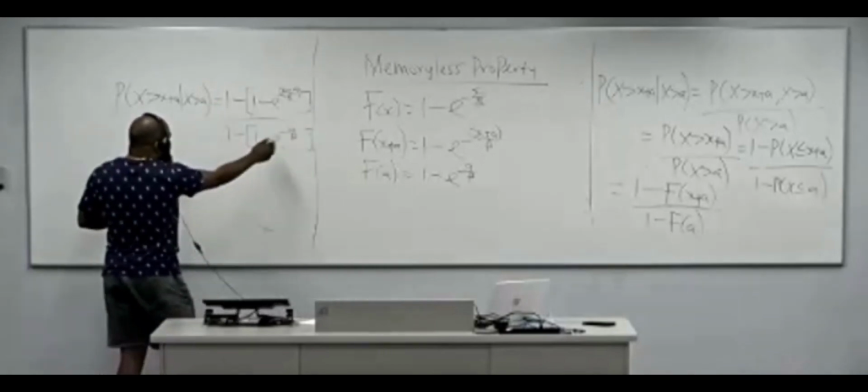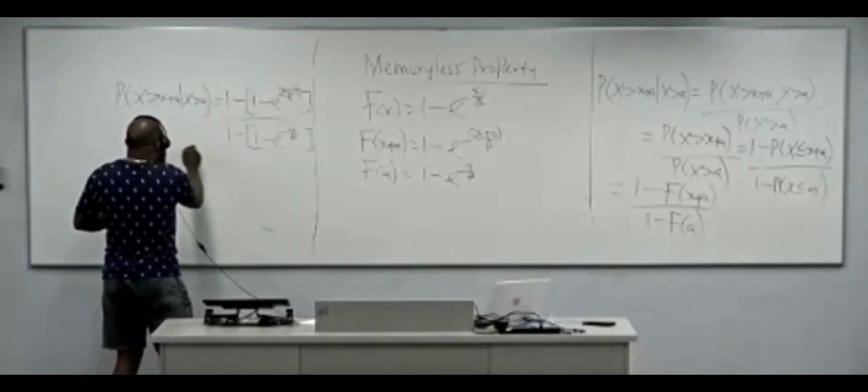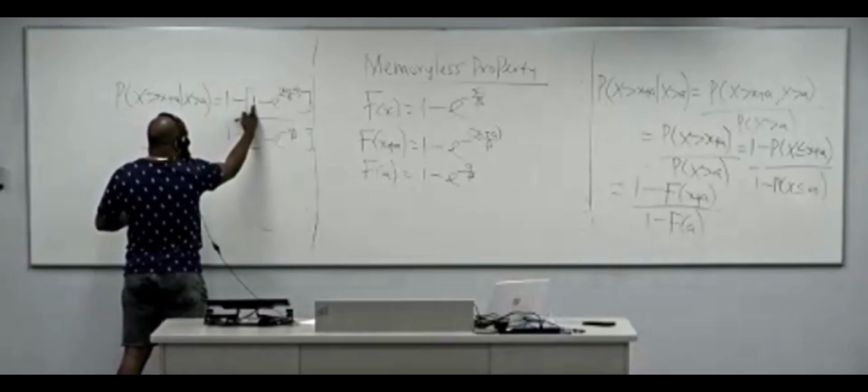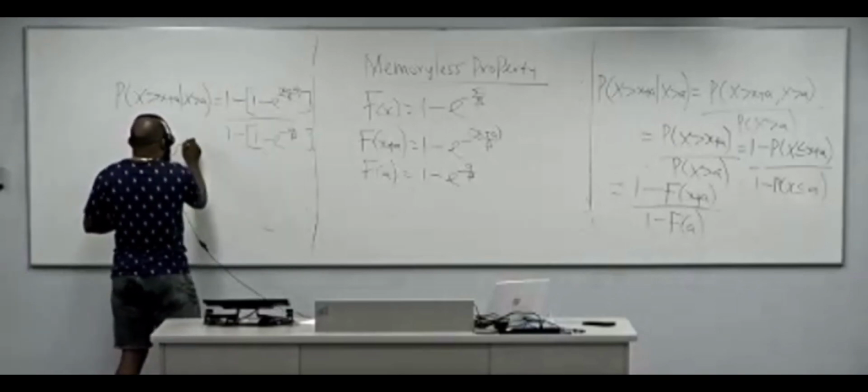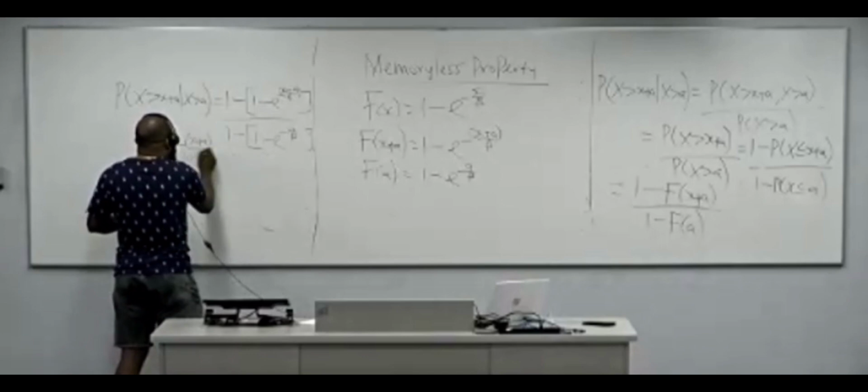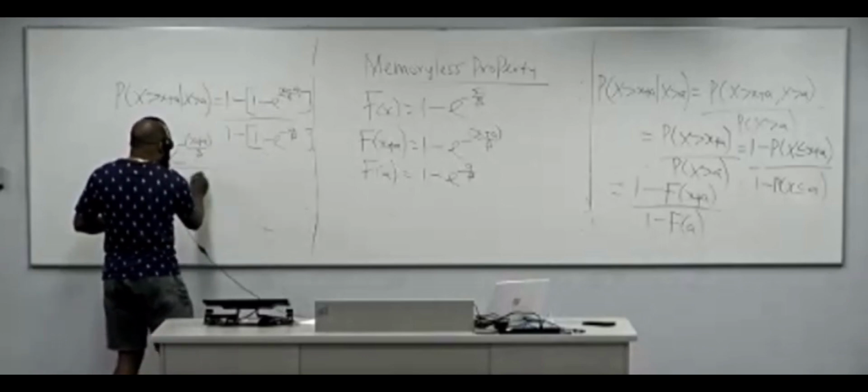So when you take a look at all of that, minus minus 1 is going to cancel out. I'm actually going to have this divided by this.